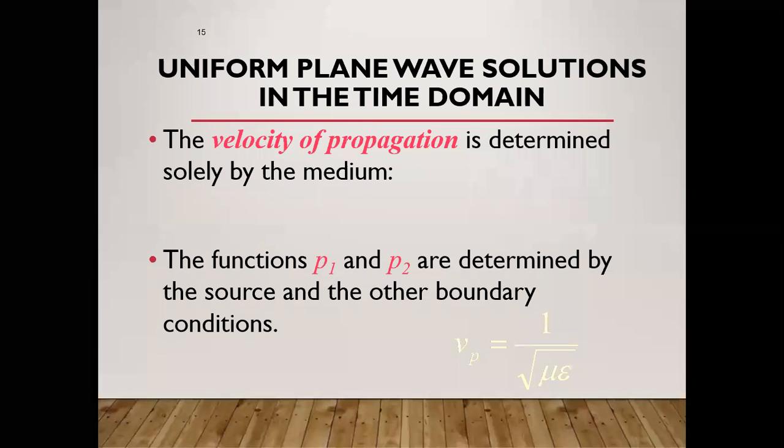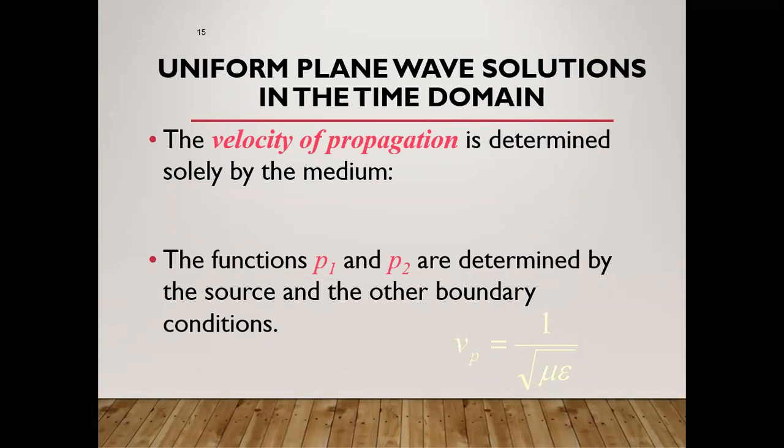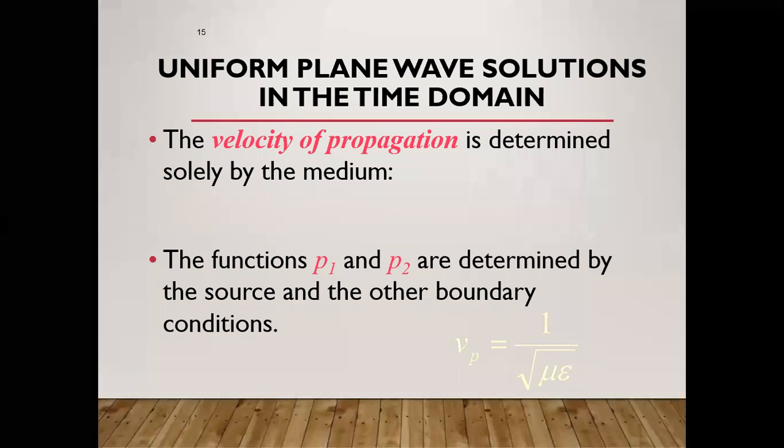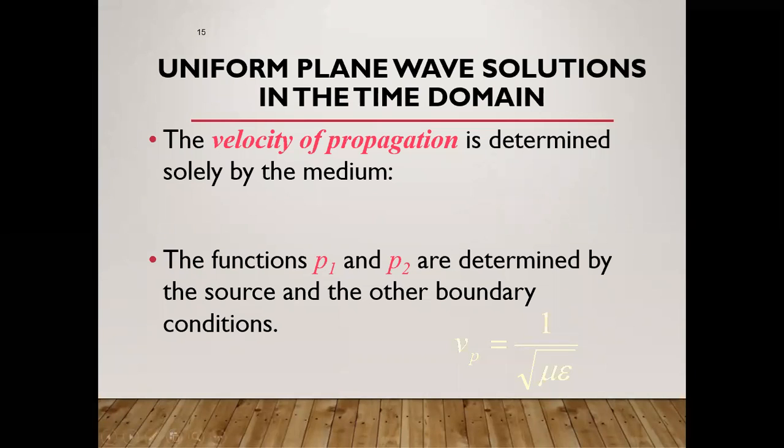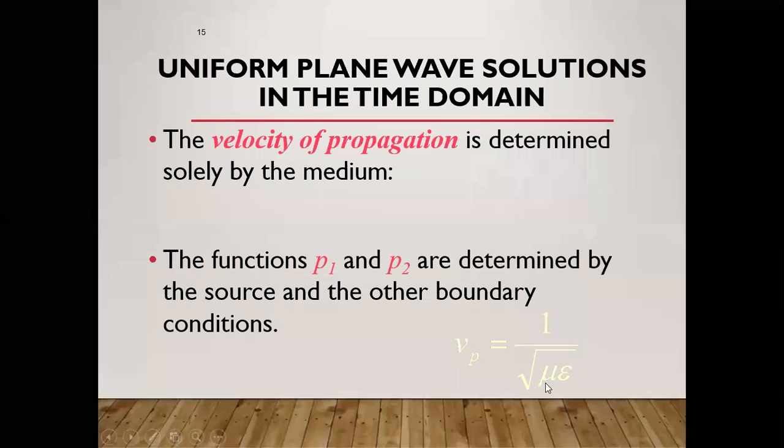Here, it is not just the velocity or the potential or the peak voltages that we can find with the help of this equation, ultimately with the help of these sources or the boundary conditions, that is P1 and P2. We know very well the velocity of propagation is nothing but 1 by root of mu and epsilon.